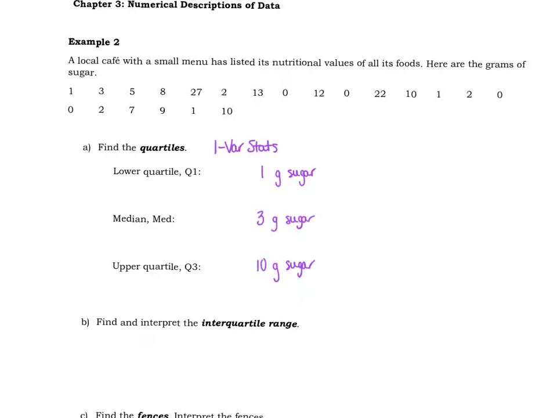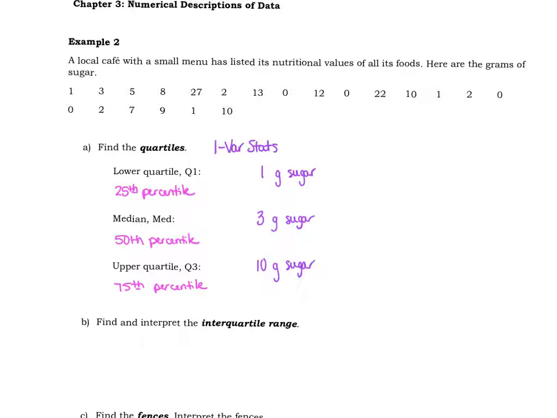Quarter, in your head, you should be thinking maybe in terms of 25, right? There's 4 quarters in a dollar. So the lower quartile is also the 25th percentile. The median, since it's smack dab in the middle, is the 50th percentile. And the upper quartile is going to be the 75th percentile.